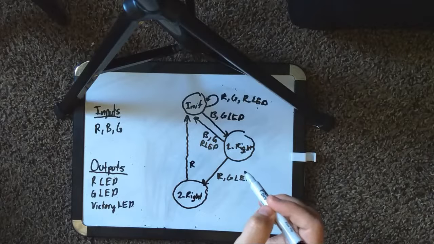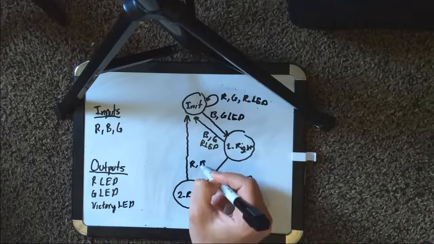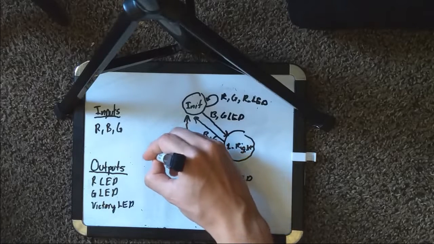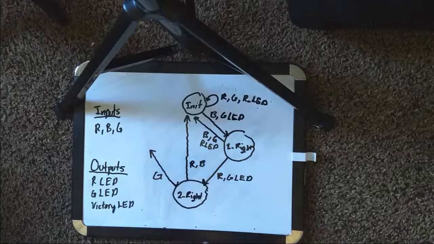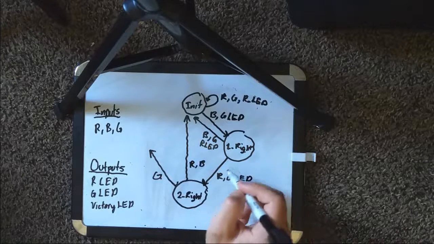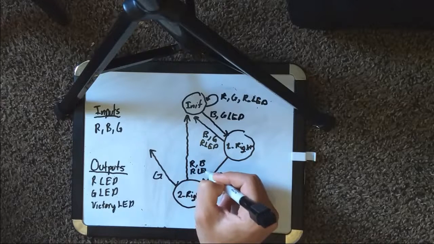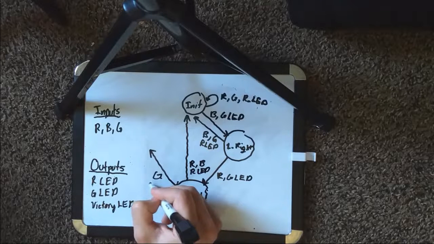Now what about blue? Same thing. We go back to the init state. Green, we move to the next state. So this is if we press the green button. Now for our outputs, if we press red or blue, we do the red LED. If we press green, we do the green LED.